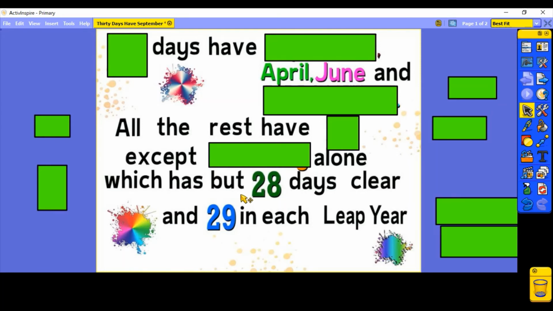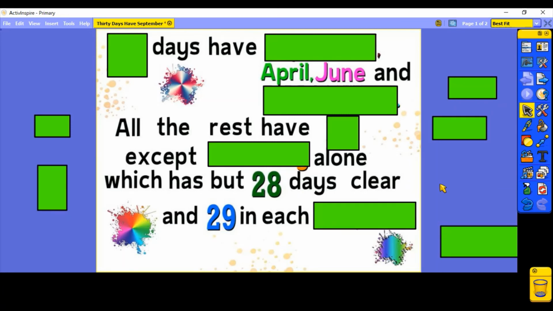So all the rest have 31 except February alone, which has but 28 days clear and 29 in each leap year. So clear and year rhyme. Okay, so 28 days clear and 29 in each leap year. Let's cover that back up, shall we?